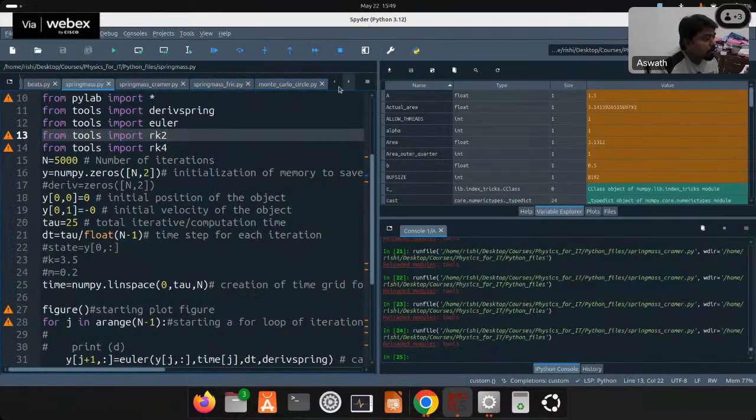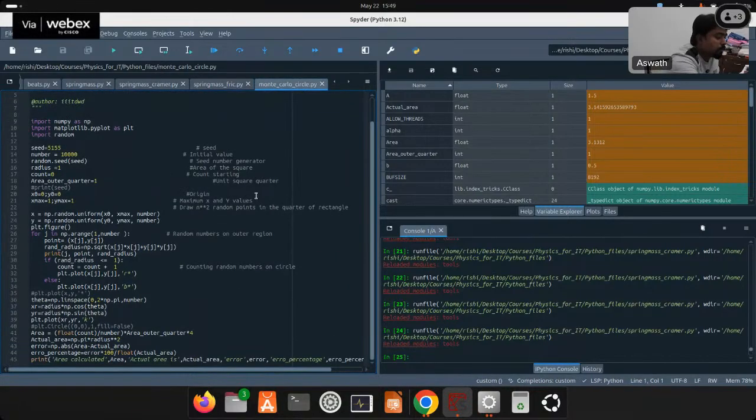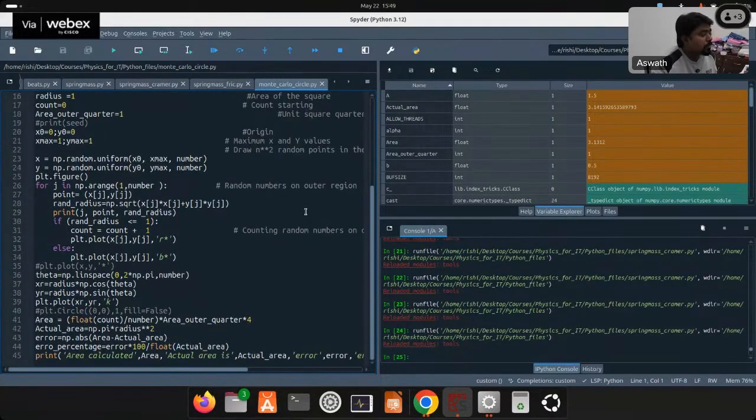Yeah, Monte Carlo circle. Right, this is my code, the same thing I have given you. See here, the if condition is within the radius, I'll count. Now let me integrate.